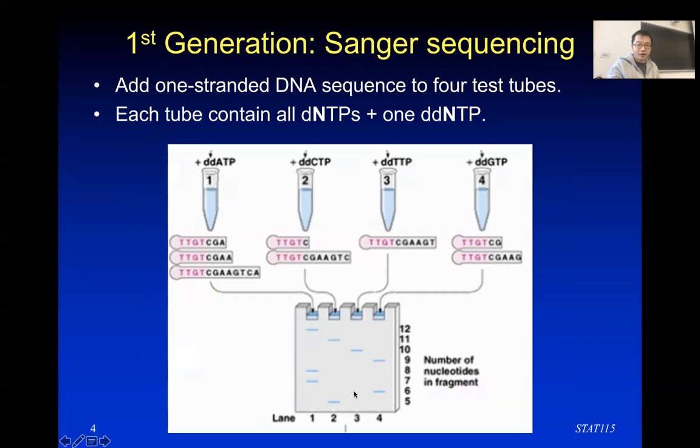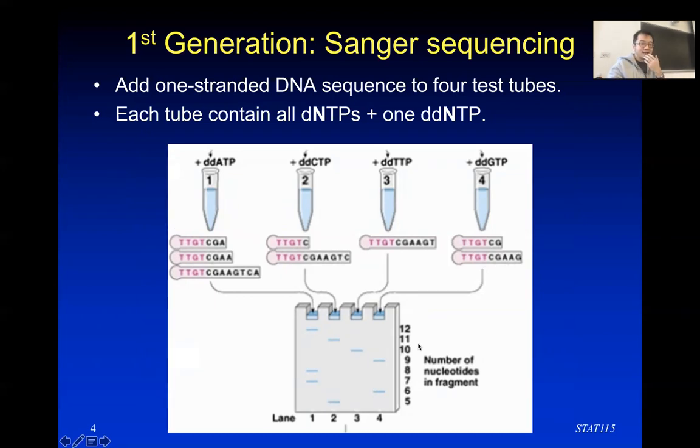For example, here, the bottom one corresponds to the shorter DNA molecule. Since they are smaller, they can move further in the gel. So humans can then read out, after the primer, the first base is C, and then the second base is G from the 4th tube, and so on and so forth.